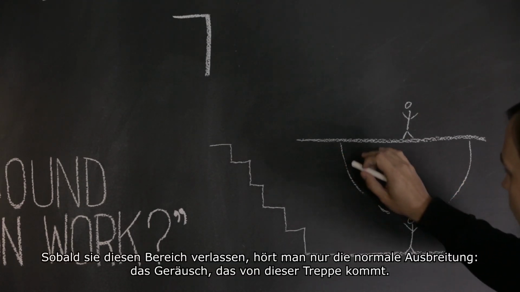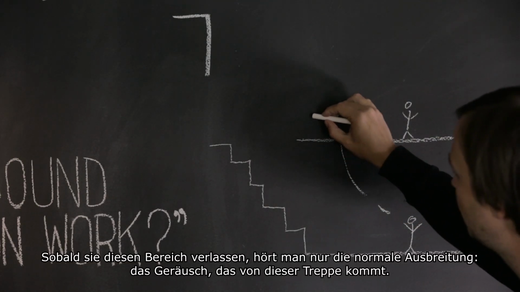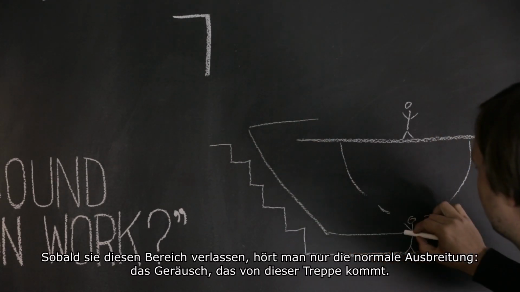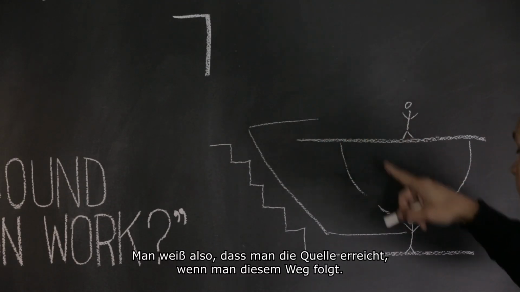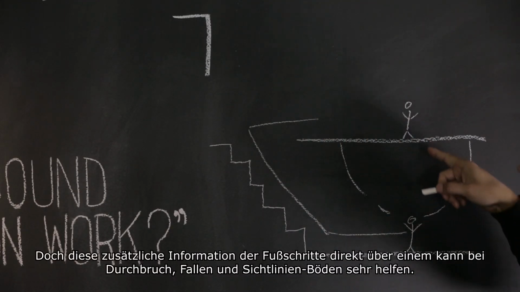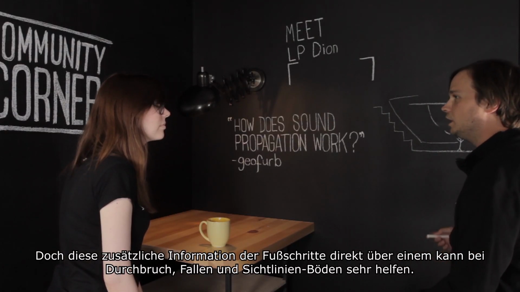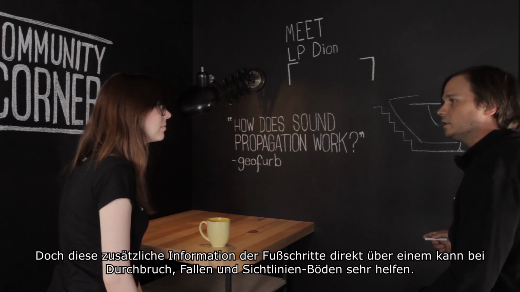As soon as they get out of that type of sphere, you're going to hear the normal propagation. So you're going to hear the direct sound coming from those stairs. So you're going to know that if you follow that path, you're going to get to him. But that added extra information of, oh, he's right over me, can help a lot with breaching, traps, and also line of sight floors.